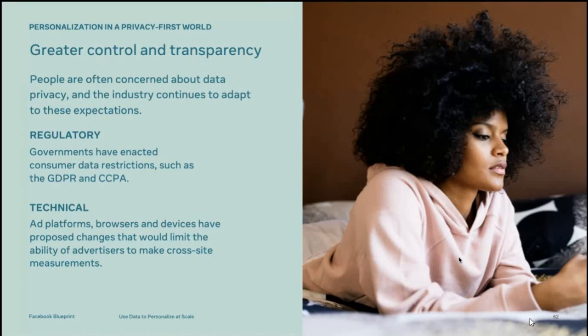Whereas CCPA stands for California Consumer Privacy Act, which established data protection rules on how companies handle and manage the collection, storage, use, and deletion of data for residents of the state of California. Okay, and this was in effect from January 2020.